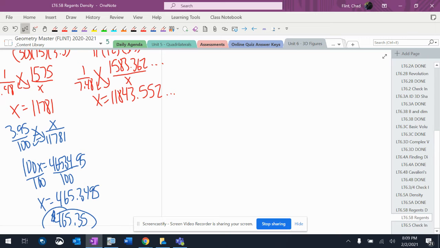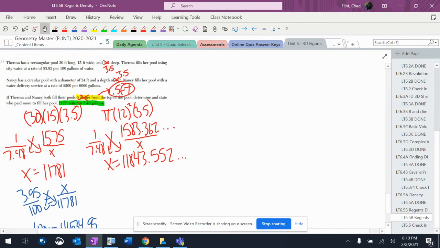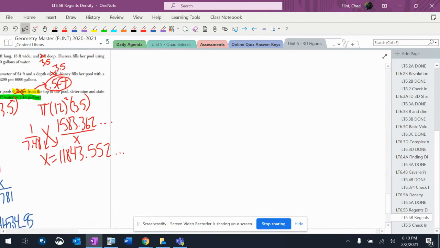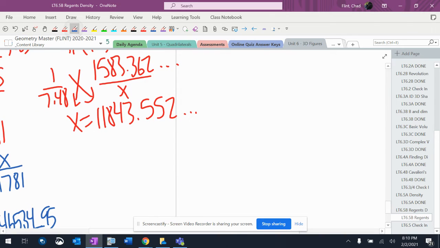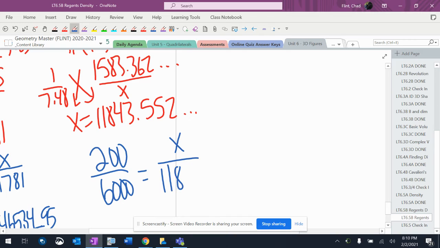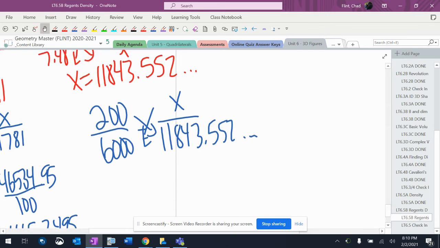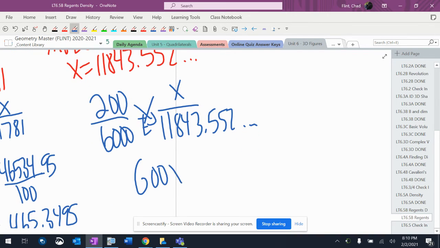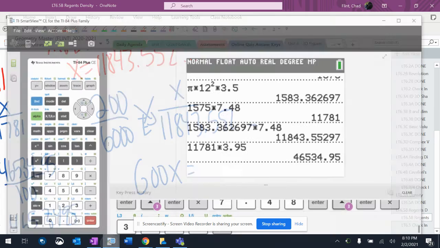Okay, so that's how much that person has to pay. This person over here pays $200 for 6,000 gallons. They don't know how much they're paying, and they have 11,843.552 gallons. So I'm going to get 600x equals 200 times that.